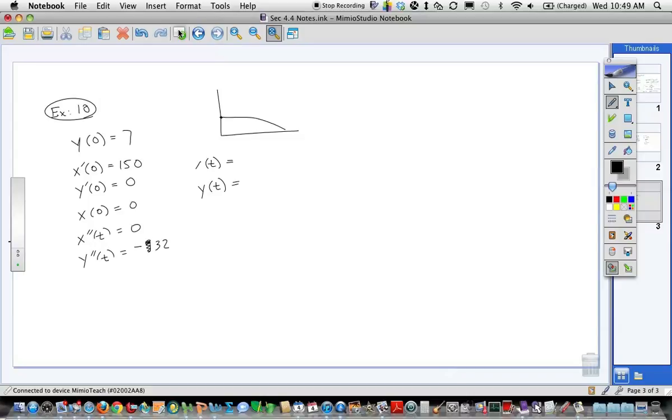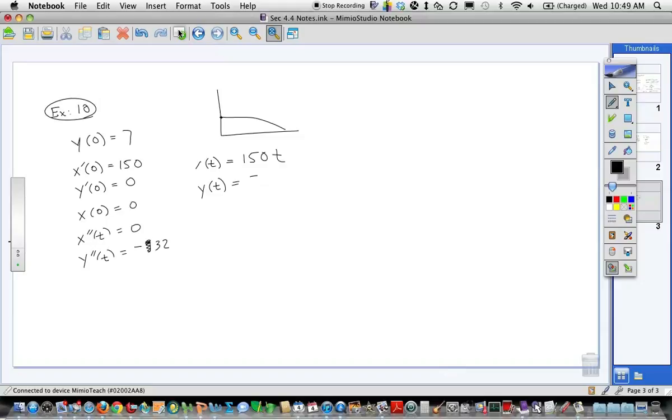But if you look on page 248, they tell you that x is equal to 150t. Again, that makes sense. If one antiderivative is a constant, 150, then we do the antiderivative again, it's going to be 150t plus c, and we know x of 0 is 0, that tells us the c. So it makes sense where that equation came from.